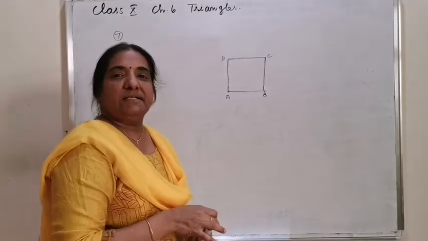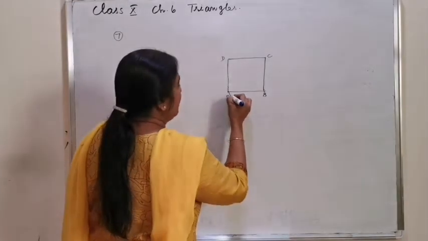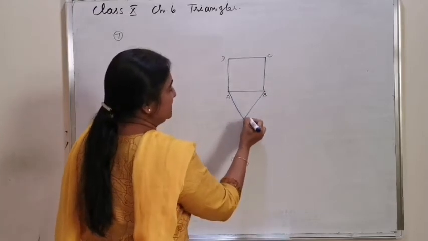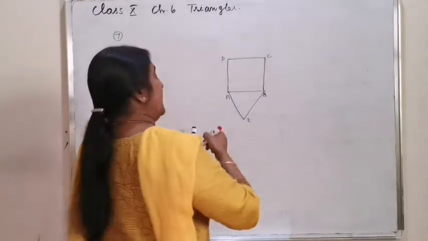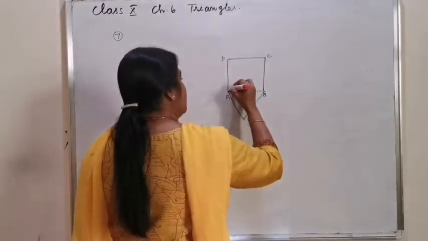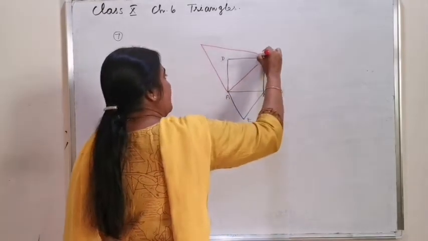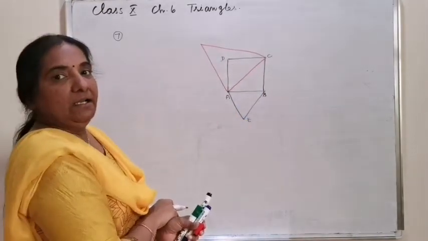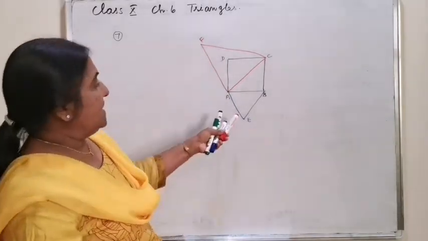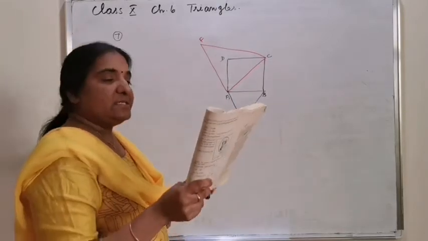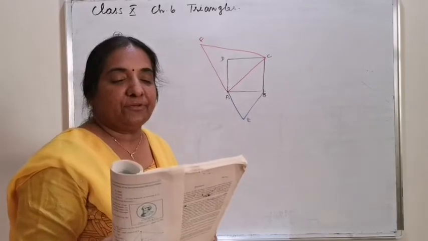Two triangles are described, two equilateral triangles. One on one of the sides AB, let's call it as ABE, and the other one on the diagonal AC. That means with AC as one of the base. Both the triangles are equilateral. What we have to prove is area of triangle ABE is half the area of triangle ACF.